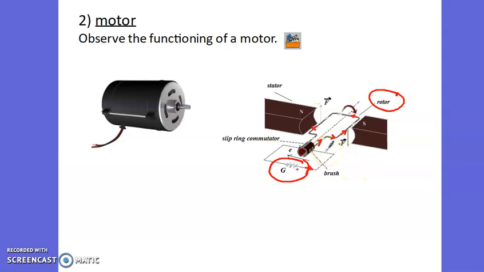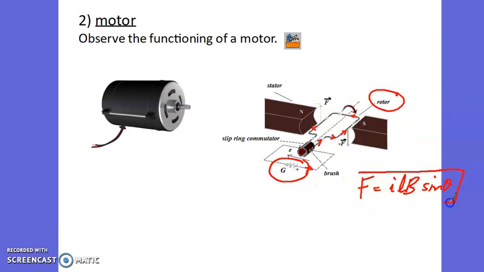Remember the electromagnetic force. If a current carrying conductor, like this wire, is placed in a magnetic field, then the wire is subjected to an electromagnetic force. Remember, F equals ILB sine theta.